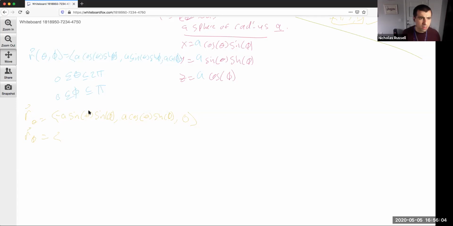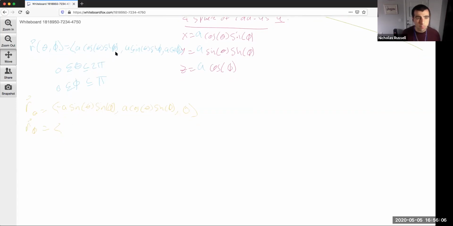R sub phi will become A cosine of theta cosine of phi. This over here will become A sine of theta cosine of phi, and this guy, because it's cosine, will become a negative A sine of phi.